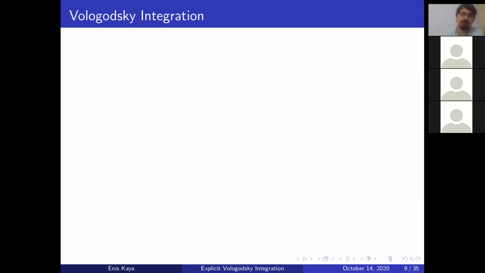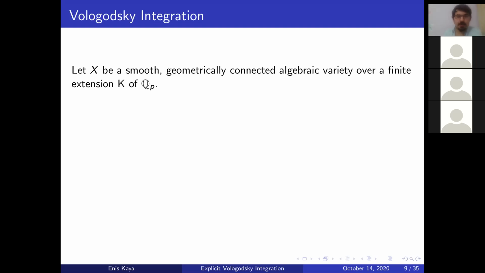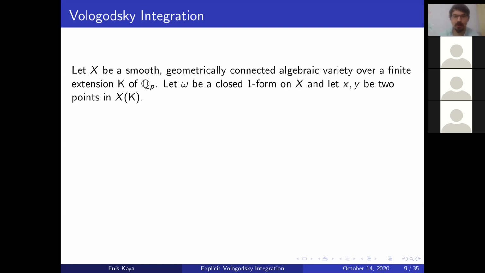Okay, what is Vologodsky integration? So here we have X. This is a smooth, geometrically connected algebraic variety over a finite extension of Q_p, which we denote by K. And we consider a closed one-form, a differential form omega. And we have two K-rational points, x and y.